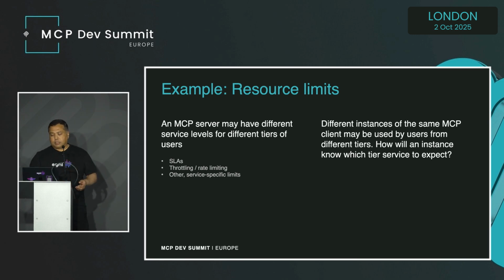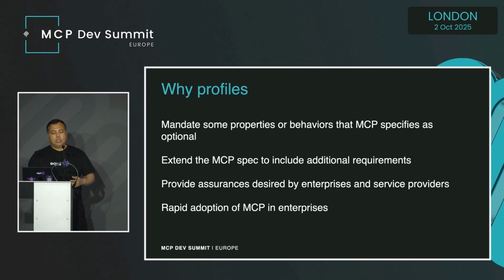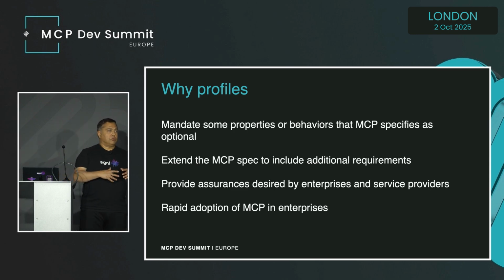So all of these things can be achieved using profiles. What profiles do is they can mandate a certain set of behaviors or properties. They can extend MCP to features that are currently not supported by MCP. For example, you can say, I want my tokens to be at a max only 2 hours in duration.